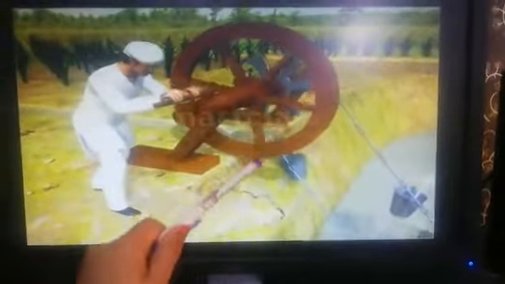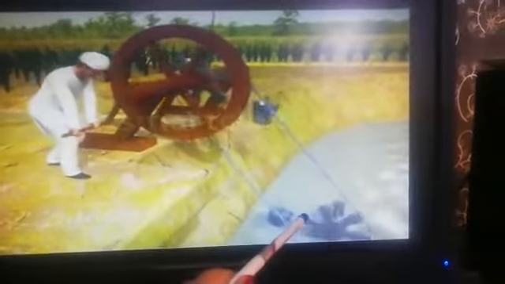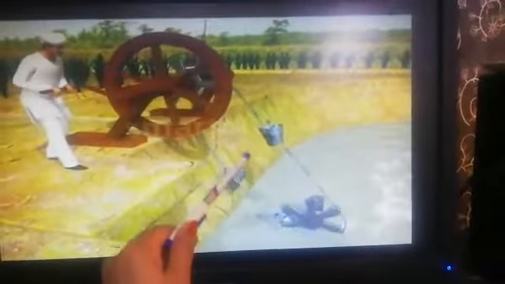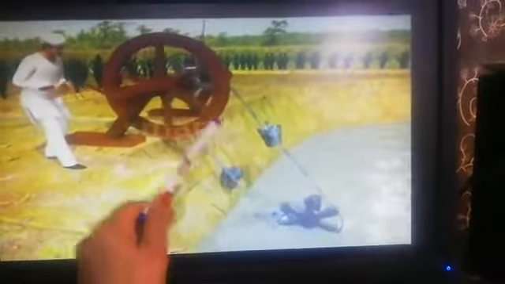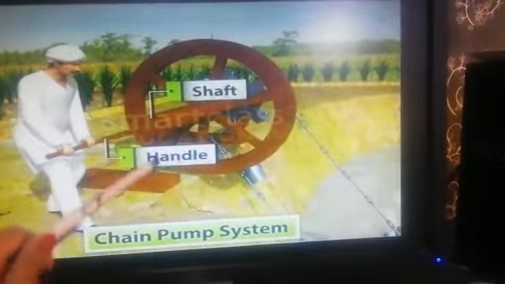The man is continuously moving the wheel and the buckets sink into the water. You can see the process. Buckets, chain pump system, shaft and handle.